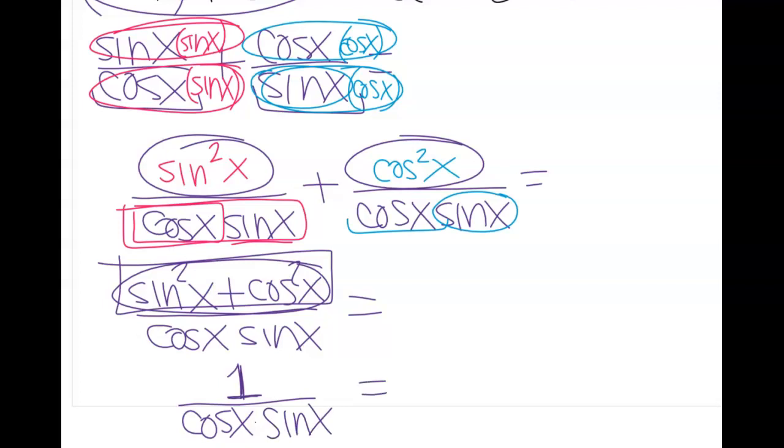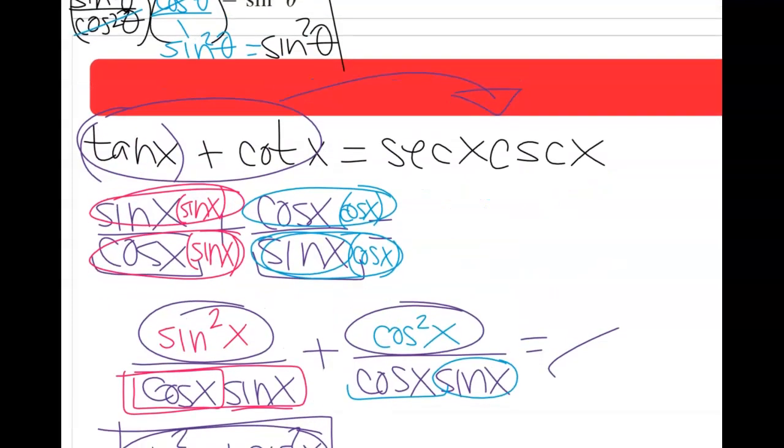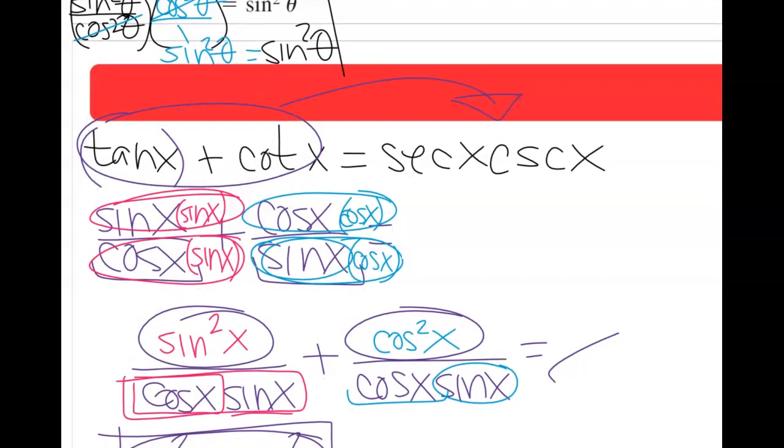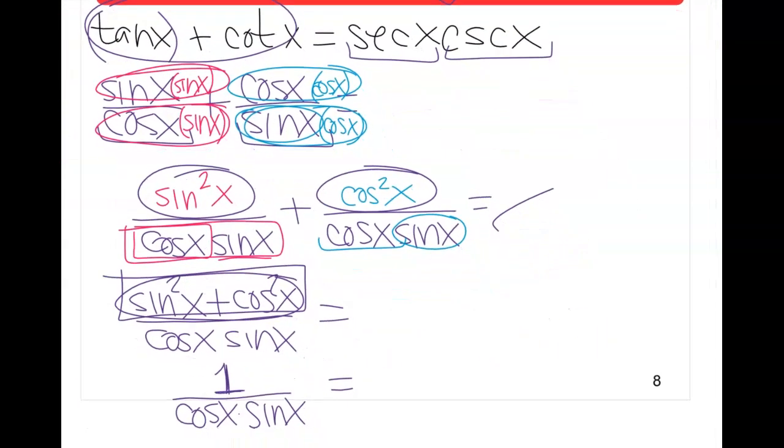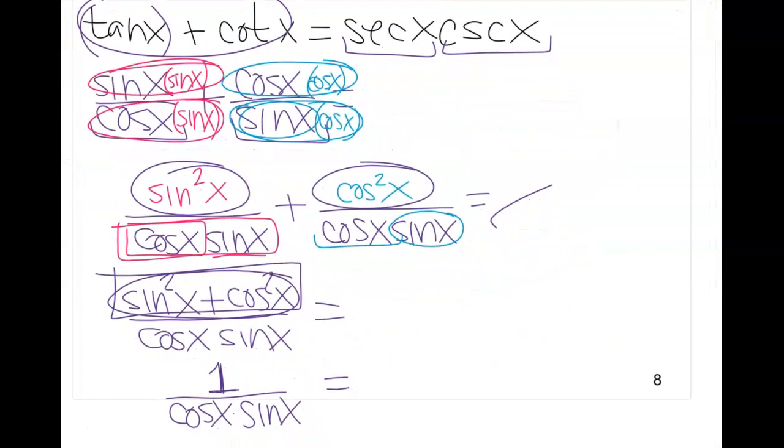And I'm going to take a look at where we're trying to get with this identity. And as you can see, it's secant and cosecant. So if you look at where we are right now, we're almost there. We have something with cosine and with sine.